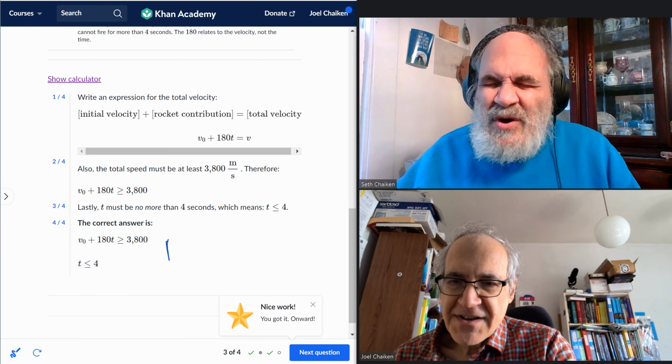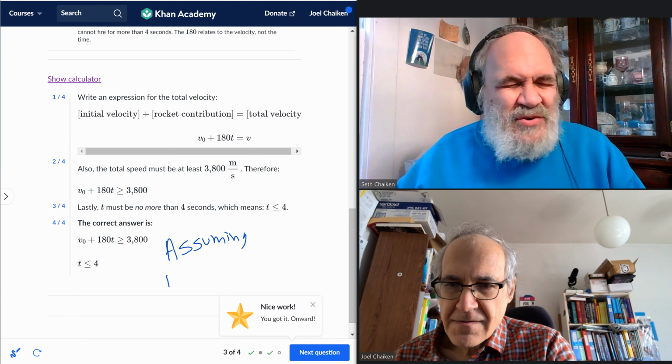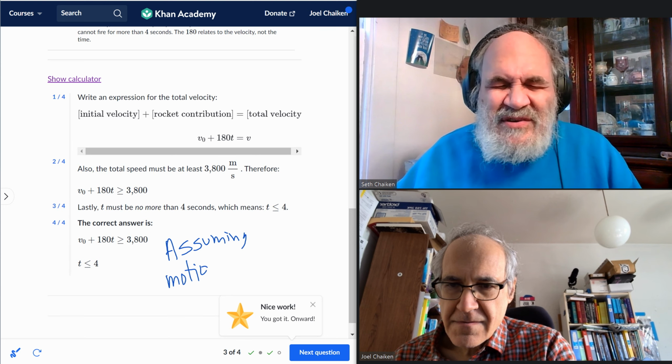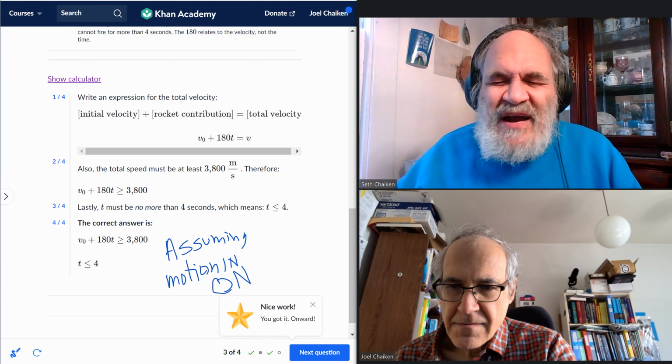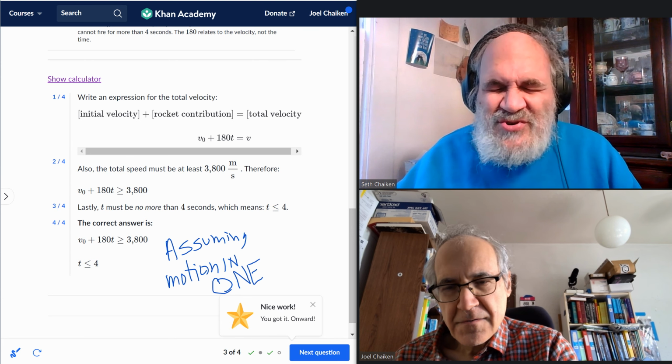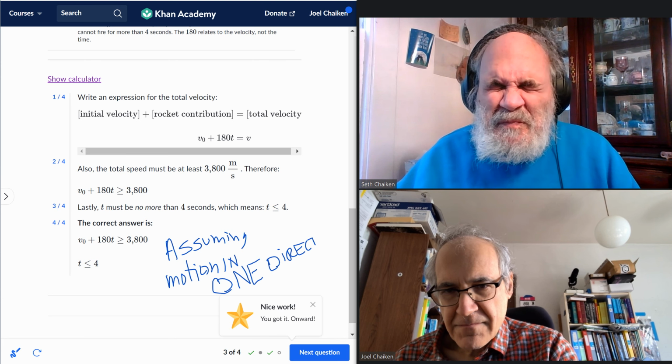So rockets use corrections to change the direction of the motion of the satellite and not just the speed. Right.